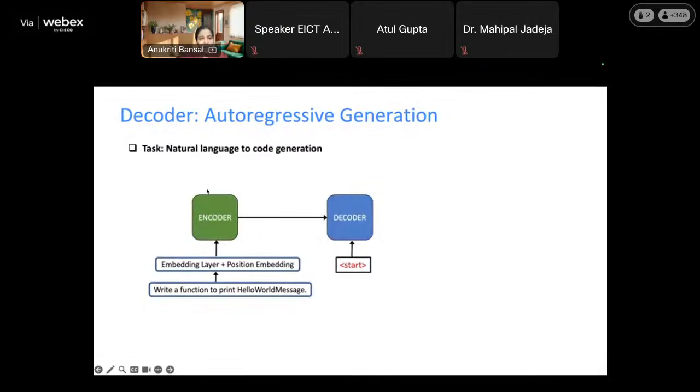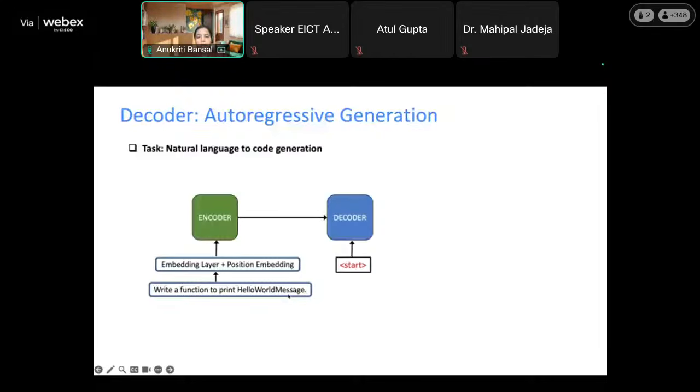So "write" will have some output vector, and that output vector will contain contextual information, meaning how "write" is related to all other words in my text. Similarly, the representation of "function" will represent how this word is related to all other words in the text. That will be the output of the encoder.